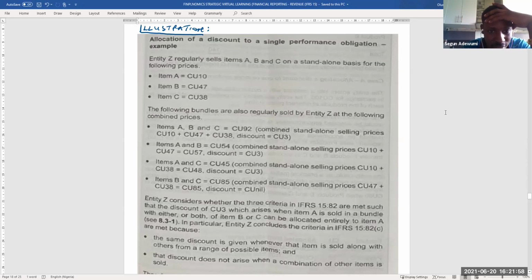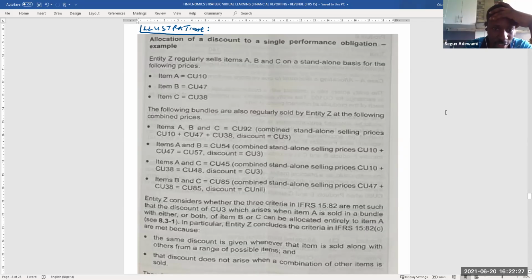Items A, B, and C at 92 CU; combined standalone selling prices 10 CU plus 47 CU plus 38 CU, and a discount of 3 CU. Items A and B go for 54 CU; combined standalone selling prices are 10 CU plus 47 CU, which equals 57 CU, a 3 CU discount.